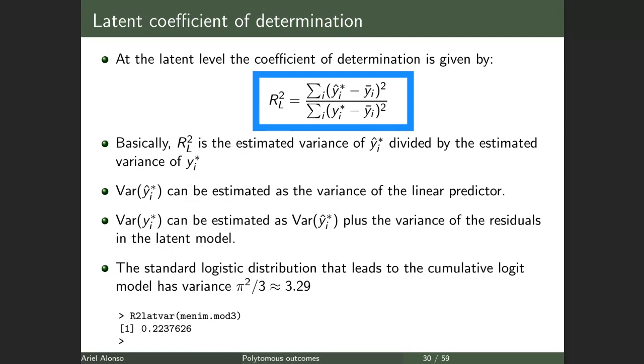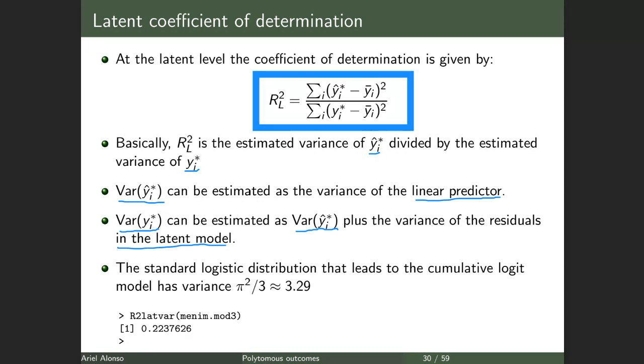Basically, it is the estimated variance of the prediction of your model divided by the estimated variance of the outcome. That's what the coefficient of determination is. Now, the variance of the predicted values, you can estimate it as the variance of the linear predictor, something that you have. And the variance of the latent variable, you don't have it because you don't observe the latent variable. But you can estimate it as the variance of the prediction plus the variance of the residuals in your latent model. That's just a little bit of algebra.